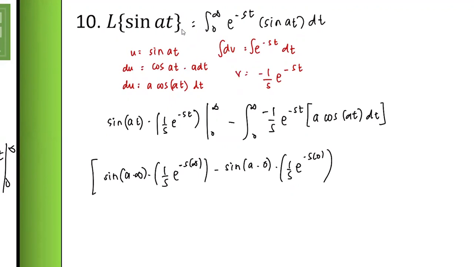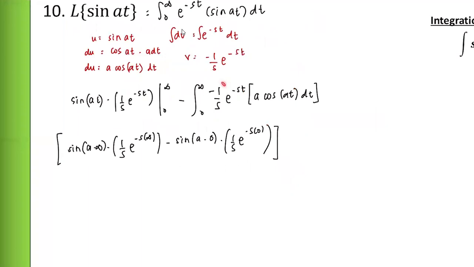Okay? Ito yung ating first one. Tapos dito, multiply tayo ng negative 1 over s, a, tsaka itong negative natin. So we have positive a over s, integral of 0 to infinity e^(-st) cosine of at dt. Okay?